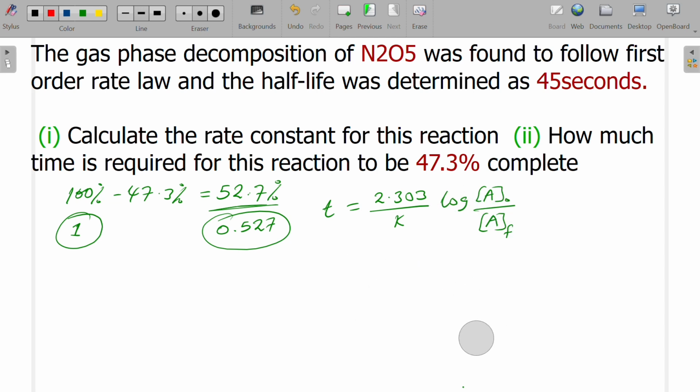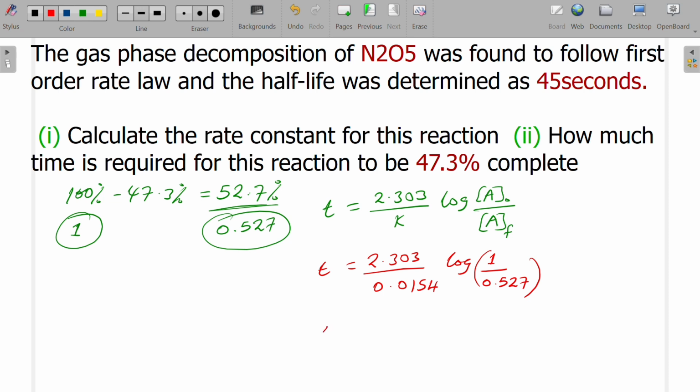So let's go ahead and now replace. So what we have there is our T is equal to 2.303 divided by the value of k that we determined earlier on, 0.0154. So we're using it here. Then this is multiplying by log of the initial amount, which is 1, divided by the final amount, which is 0.527. Yes. So this is what we have here.